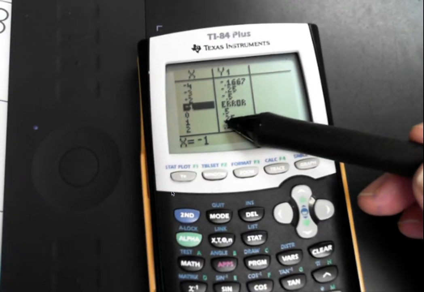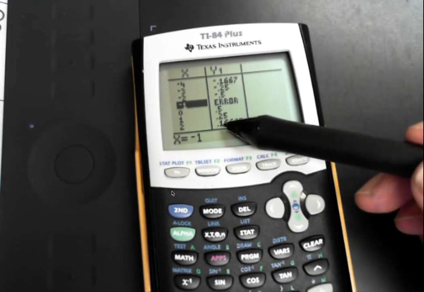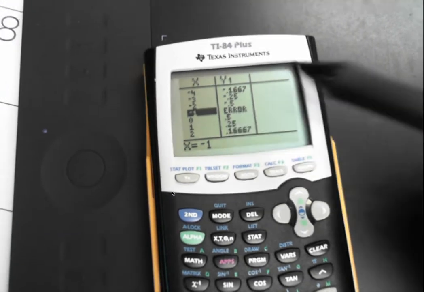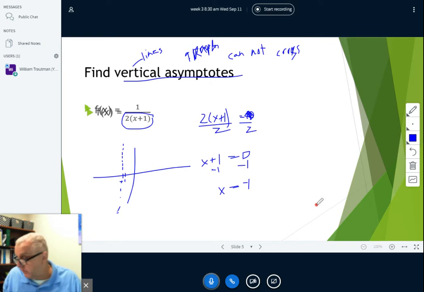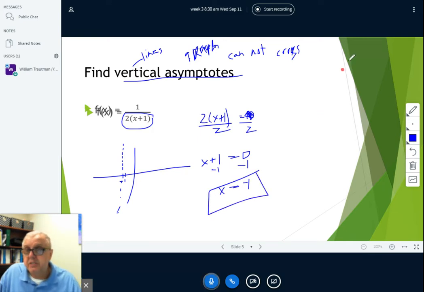From the right, as it approaches -1, the numbers are getting larger and larger, approaching positive infinity. So all we're doing is finding the vertical asymptotes, and the equation for all vertical asymptotes is x equals. So this is the answer.